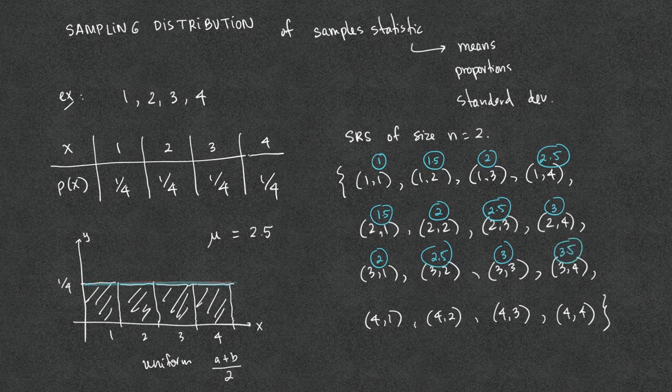Again, these are the averages. Then 2.5, 3, 3.5, 4. These 16 numbers that we circled are the sample means.